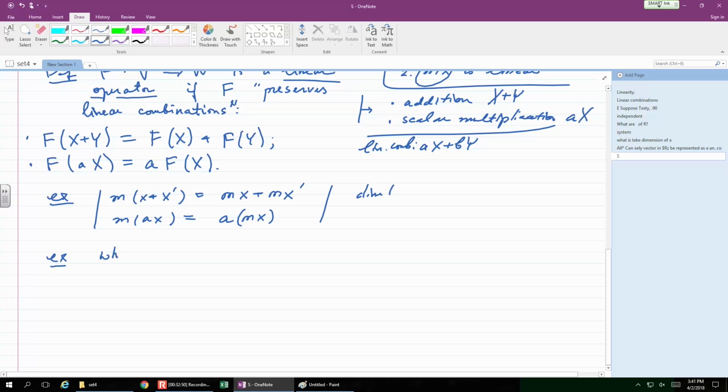So why does rotation preserve, let's just say, addition of vectors?